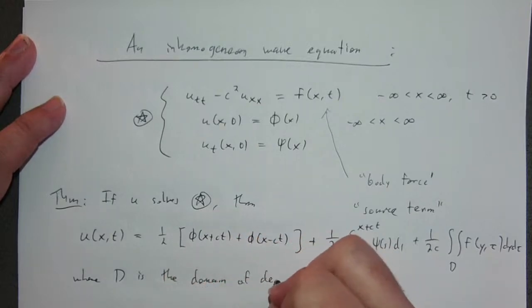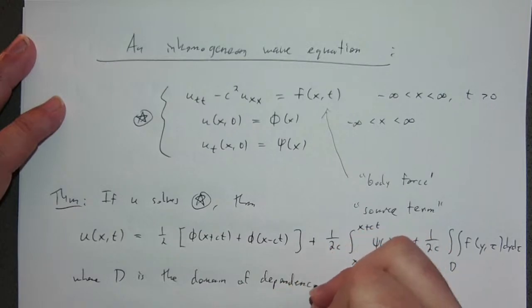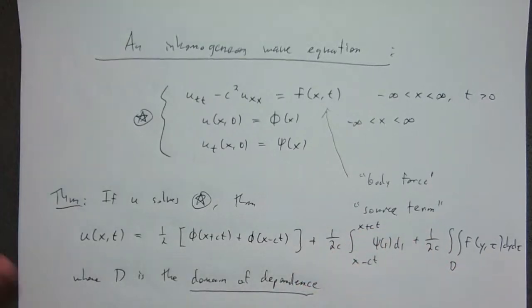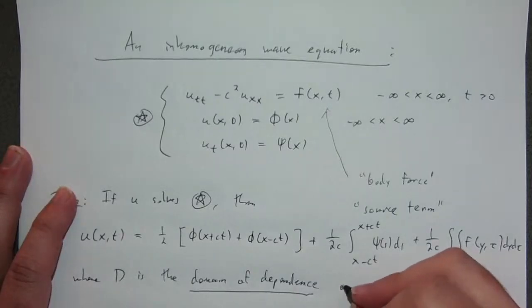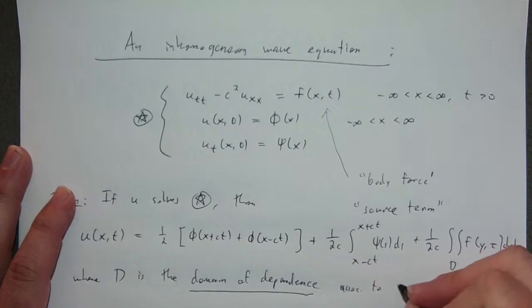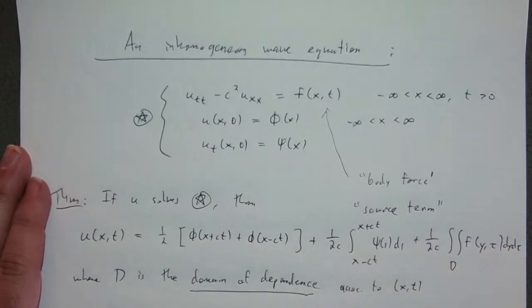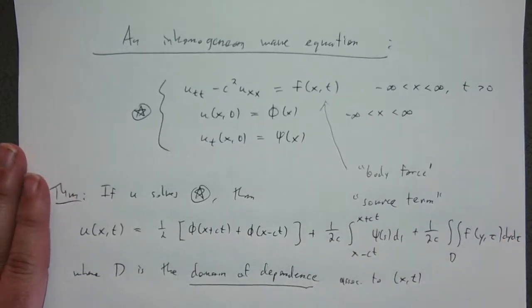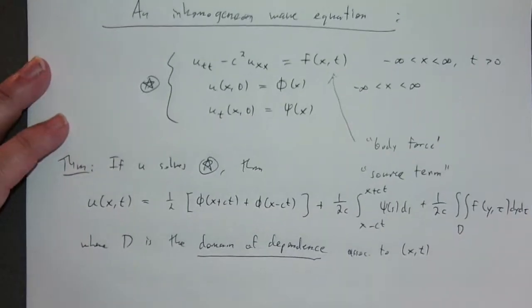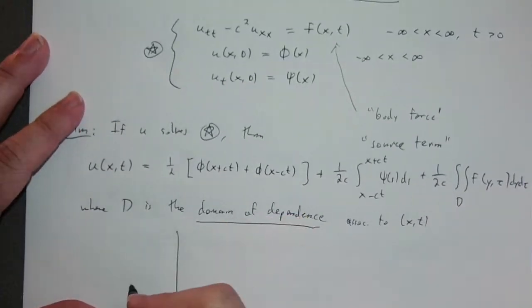Remember, we drew the domain of dependence previously, this shaded triangle region. It's the domain of dependence associated to x, t. Maybe I'll just draw the picture here.